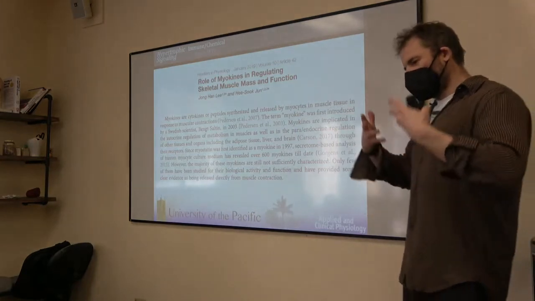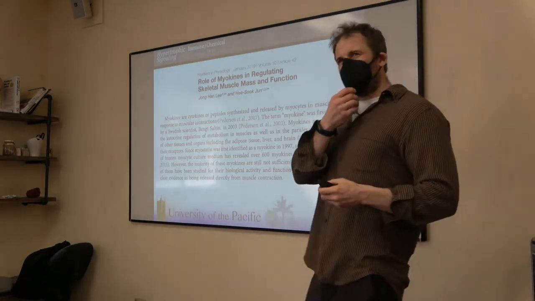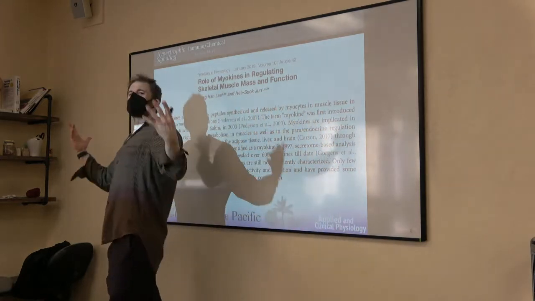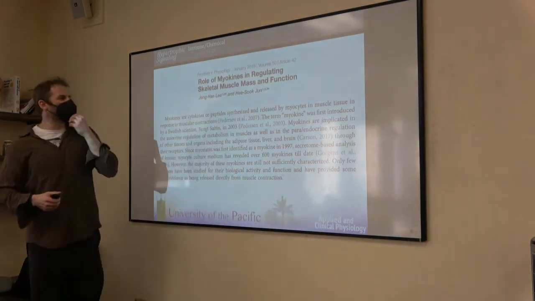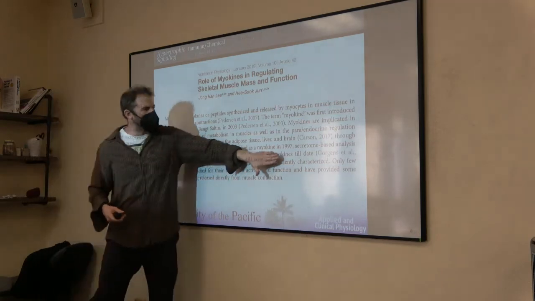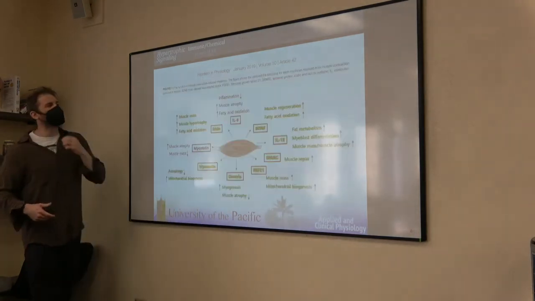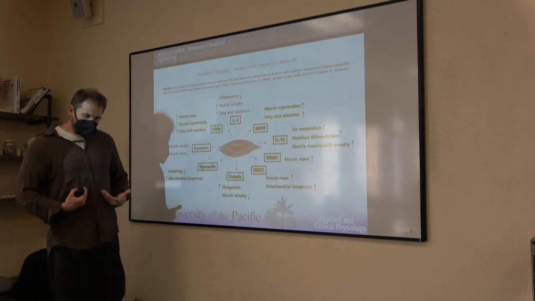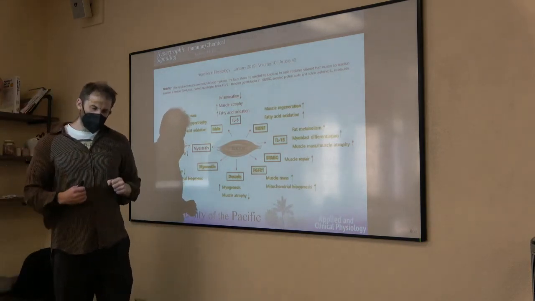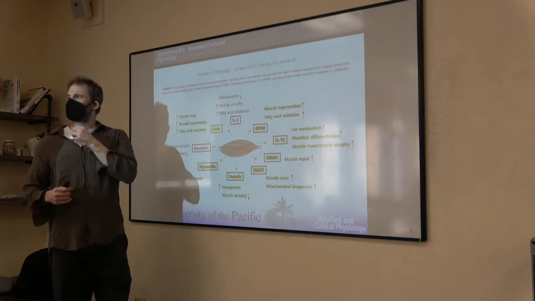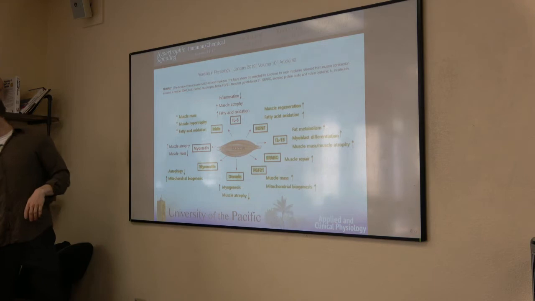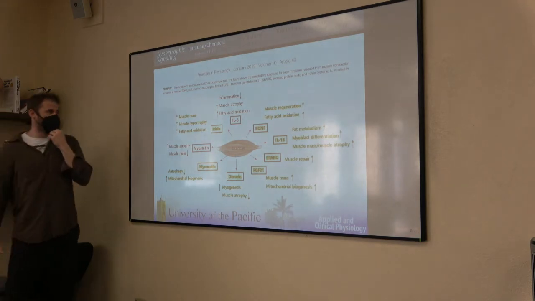You are producing a chemical environment with exercise that is diverse and not particularly well understood. And you're looking at over 600 myokines. People don't really know what they're doing. Not all of them are going to regulate hypertrophy, protein metabolism. Some of them certainly do, and some of them are pretty well characterized.